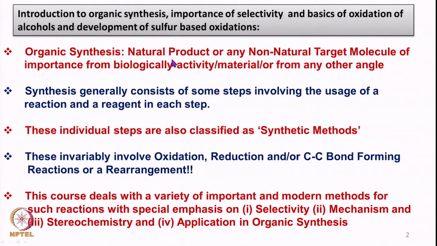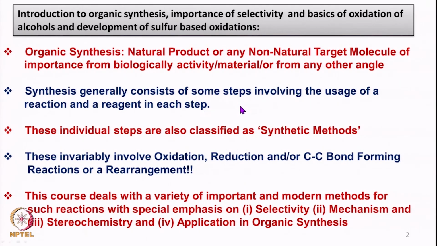In organic synthesis, we generally talk about the synthesis of natural products or any other non-natural target molecule of importance which has biological importance, or synthesis of some materials, or synthesis from any other angle. So, this is what organic synthesis is.